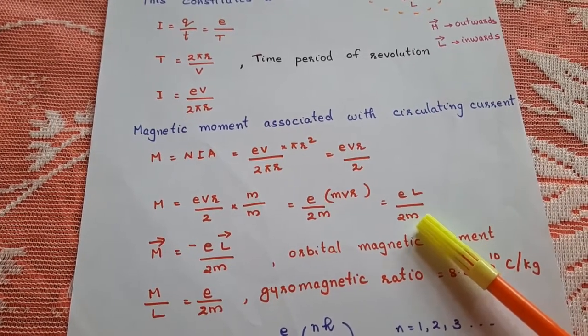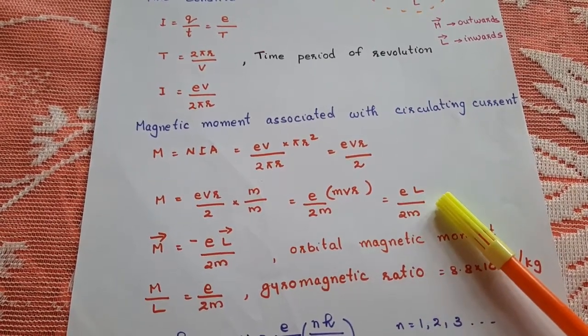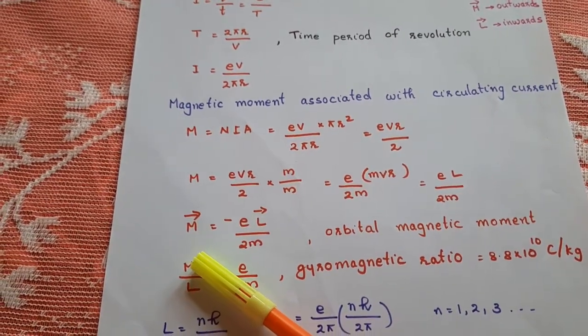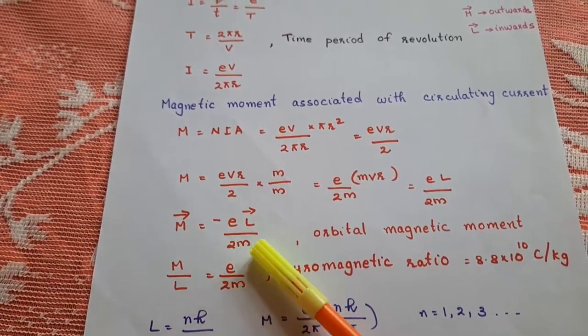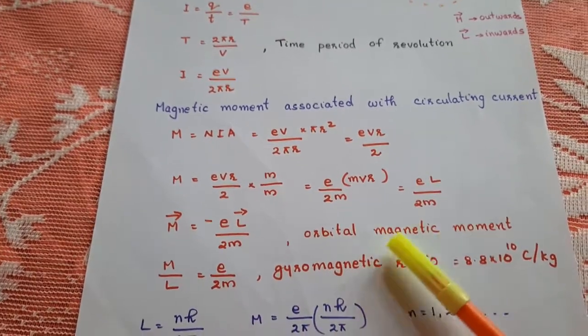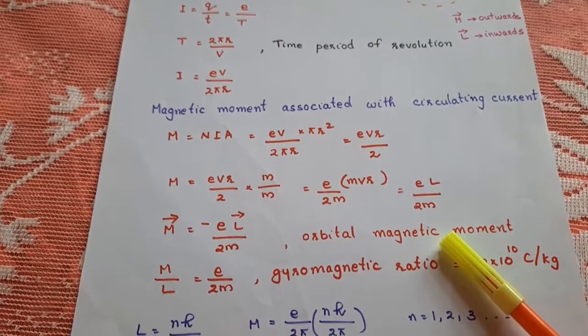Since magnetic moment is directed opposite to angular momentum, in vector form we can write it as M is equal to minus eL by 2m. It is the orbital magnetic moment of the electron.